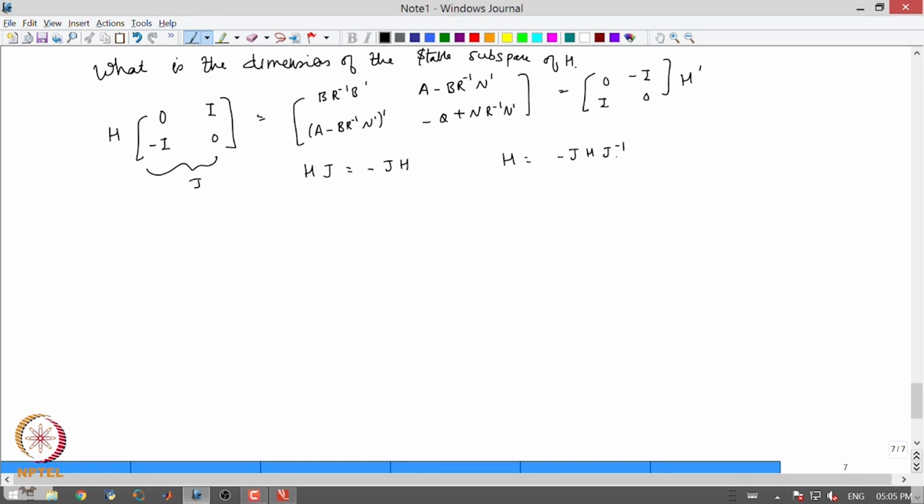Okay. Now, let us see what we can infer from this. What I know is that the characteristic equation is invariant under similarity transformations.